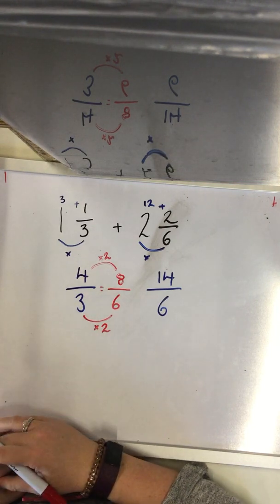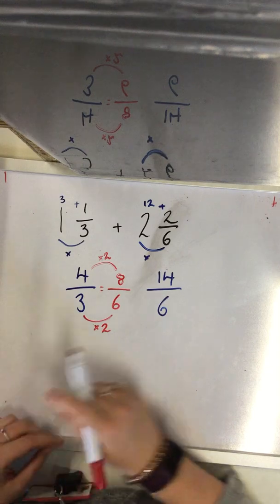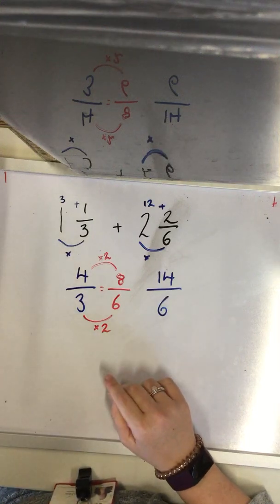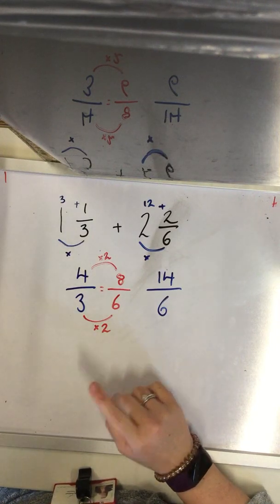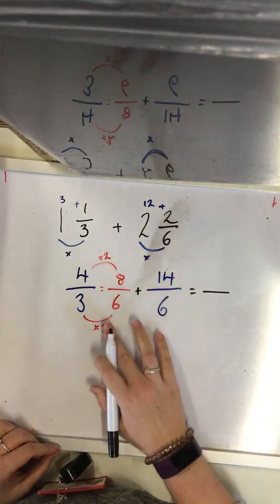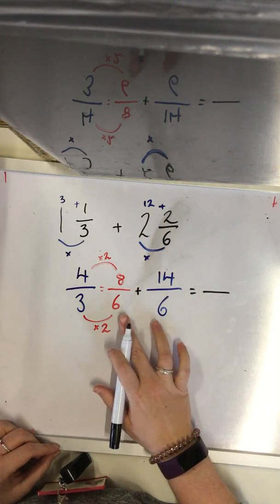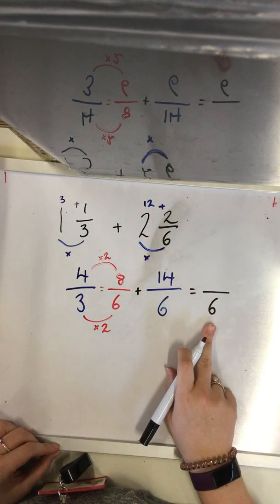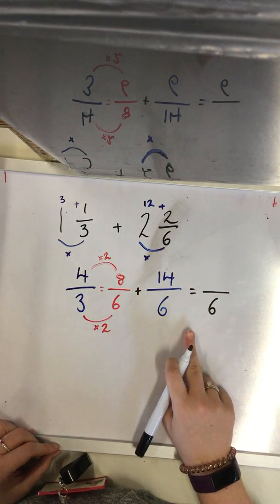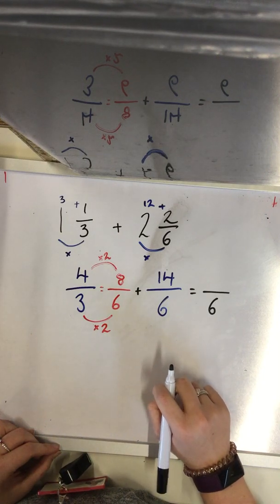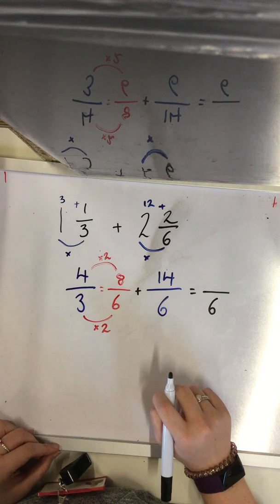So we've got these fractions here, now both equivalent fractions, but you'll now notice that these are both now over the value of 6. So we can add these two together now. Just like before, now these two are both the same. We're going to keep the denominator the same. And now all we have to add together is 14 and 8.